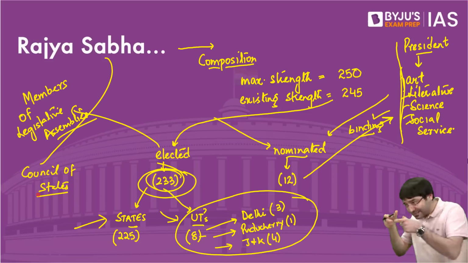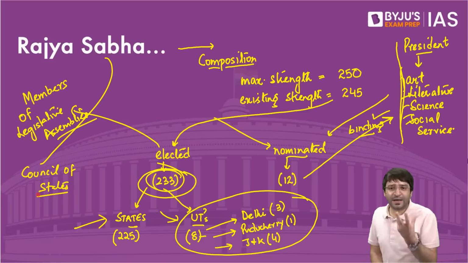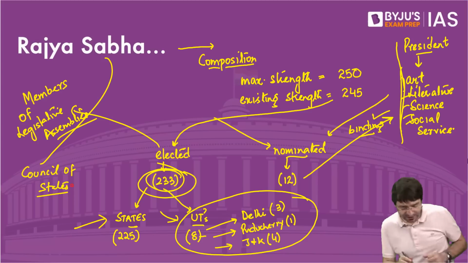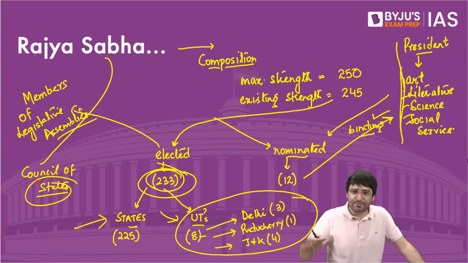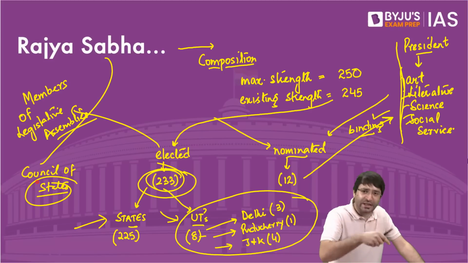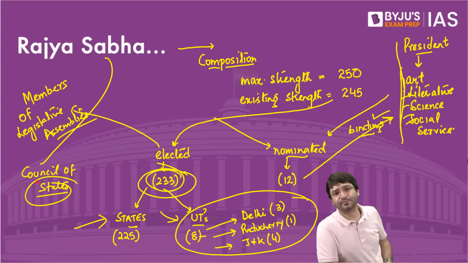It represents states with legislative assemblies in parliament. Why Rajya Sabha is called Council of States? Because it represents states in the parliament. States with legislative assembly and those union territories with legislative assembly, they participate to elect MPs to Rajya Sabha.